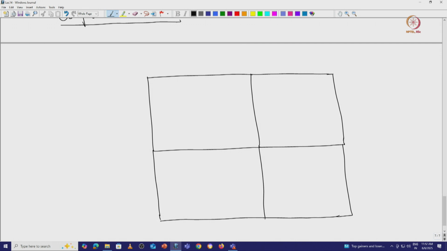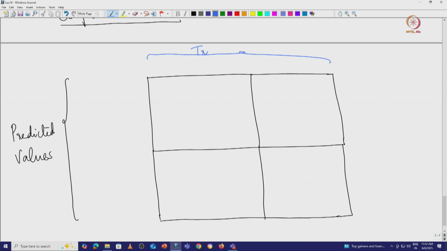Here you have the predicted values, and here you have the true values. So this is y hat here and this is y.